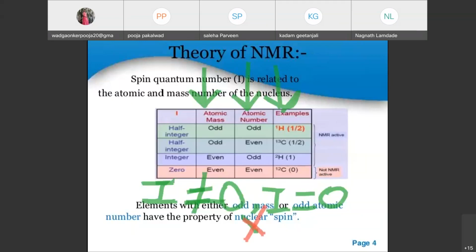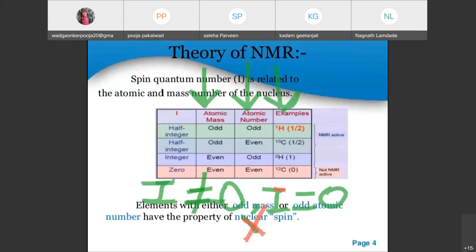In other words, you can say this is not NMR active. What I told you just now is about the I value, the spin quantum number. So if I is equal to 0, then this is NMR inactive. You can recall this in your mind.